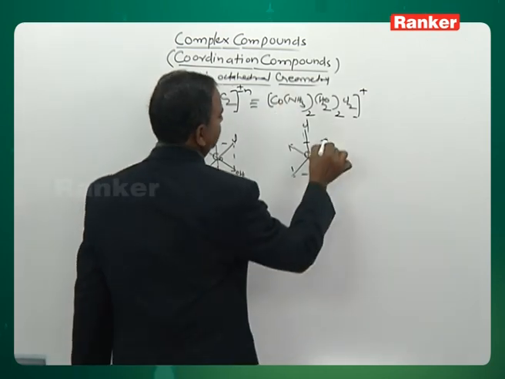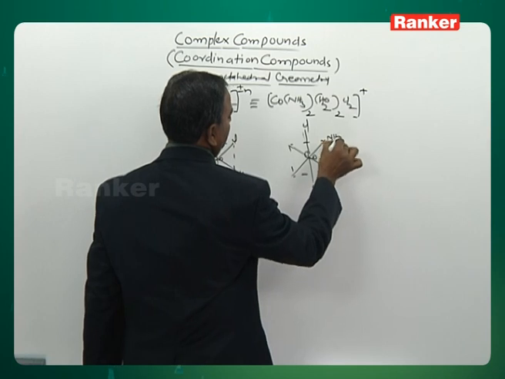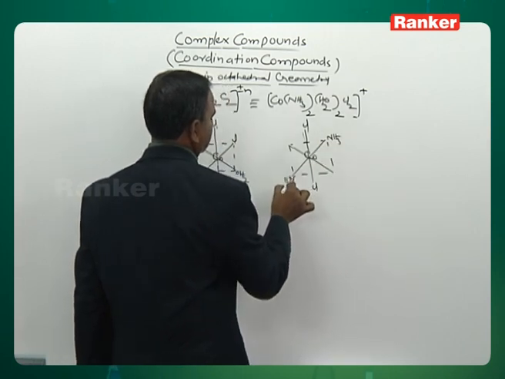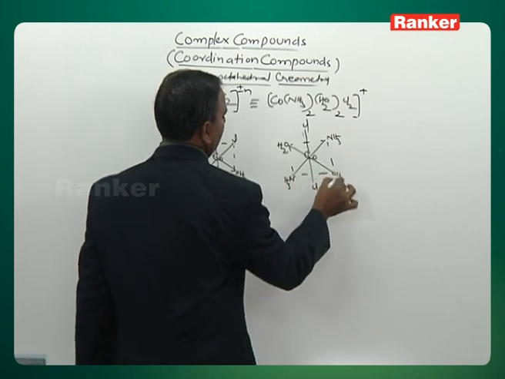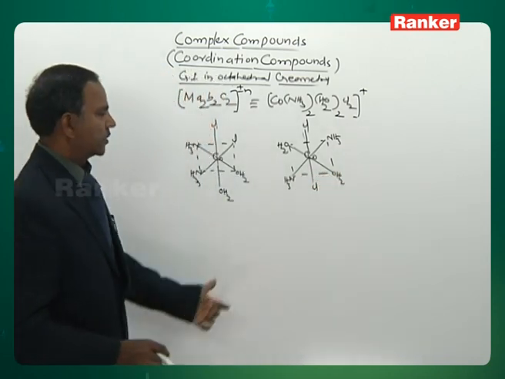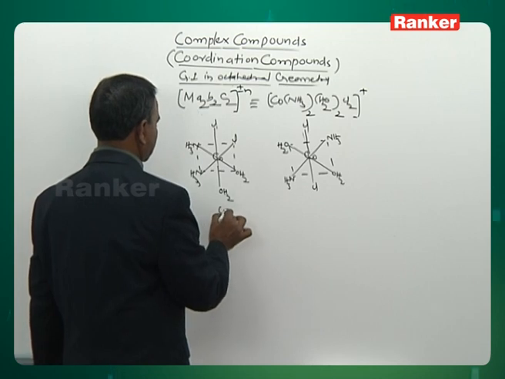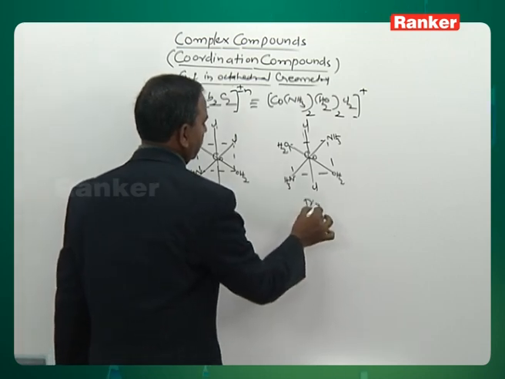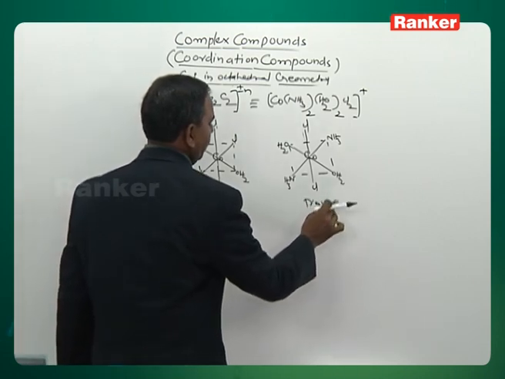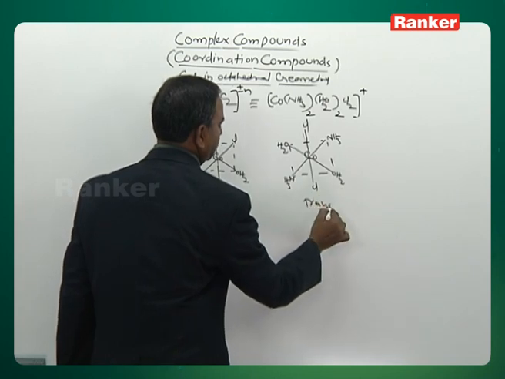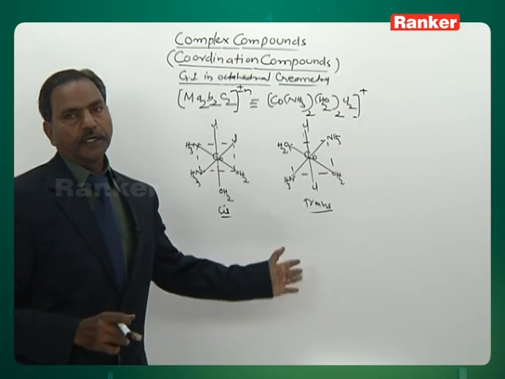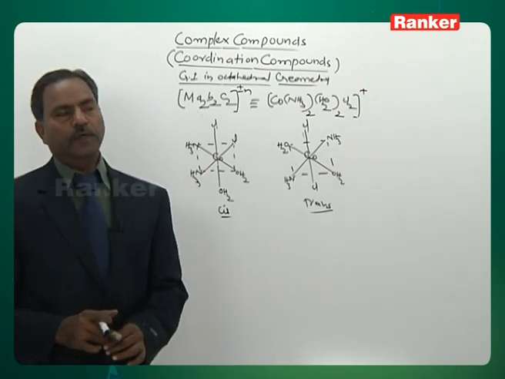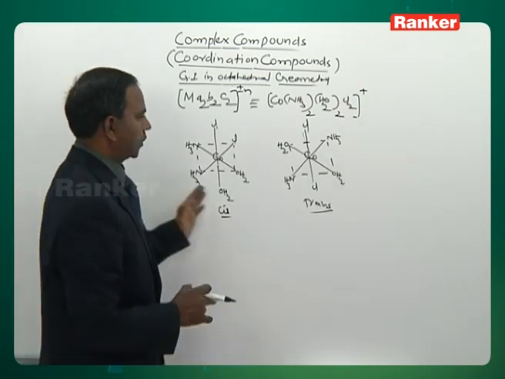Chlorides trans. Amines also put trans to each other. And aqua ligands also I am writing trans to each other. This is cis, that is trans. One is cis, one is trans. But what I said, theoretically 5 isomers are possible. Now next, these are the 2.